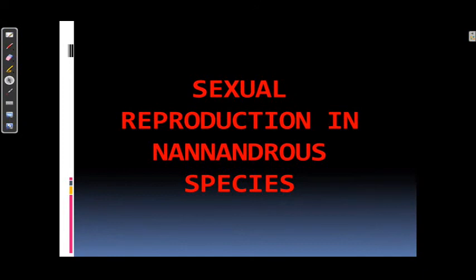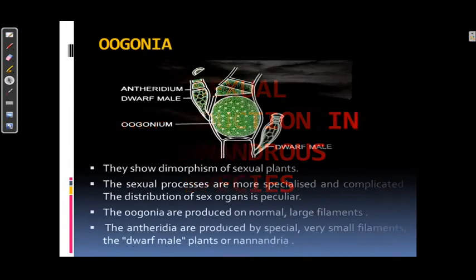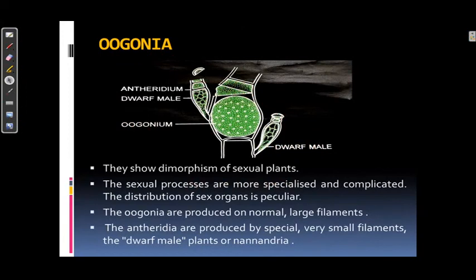Now let's know about sexual reproduction in case of Nannandrous species. In the Nannandrous type, the structure of oogonia is similar, but the plant shows dimorphism.